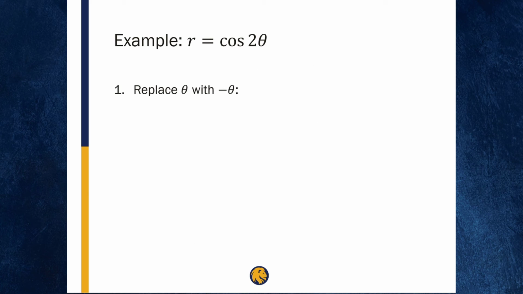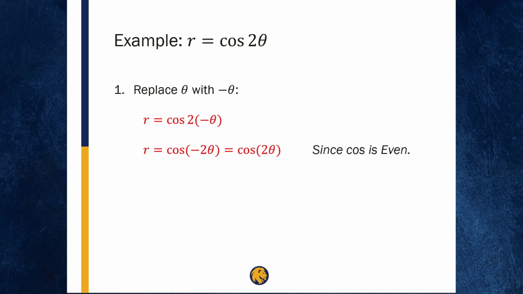So a few examples of this here. r equals cosine 2 theta. We can check for symmetry by replacing theta with negative theta. That would make it look like r equals cosine 2 negative theta, or in other words, r equals cosine of negative 2 theta.